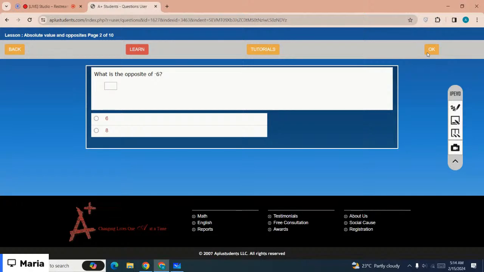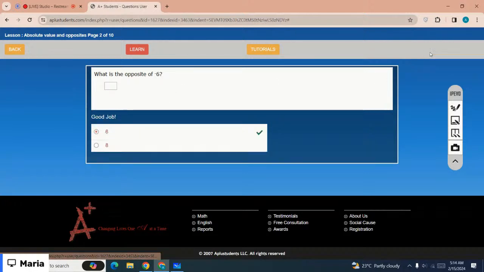So here you are given the negative 6. That means the opposite of negative 6 is positive 6. Got it? The correct option is positive 6. That is option number 1 is the correct option.